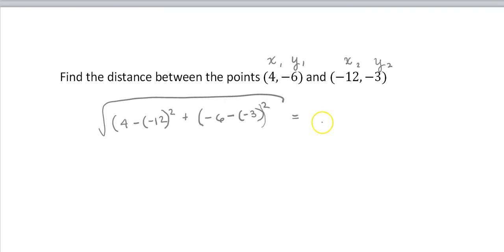So here I'm going to have 16 squared plus -3 quantity squared, and we're going to take the square root of that.